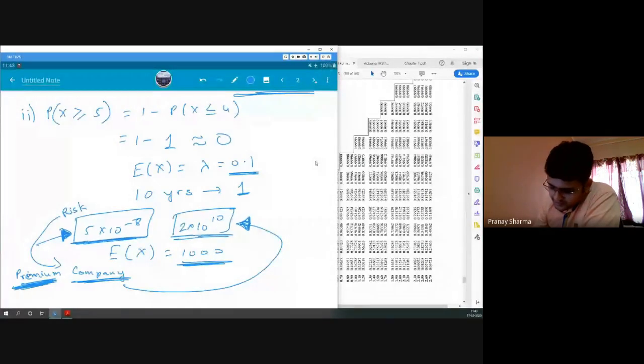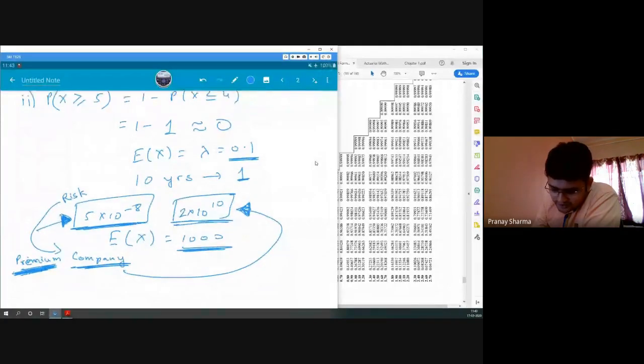And what happens is, even though the company does not know who is going to get into an accident, they know that 1000 people in a particular year in a particular city will definitely get into an accident. So they know that they will have to pay 1000 people in a year. So they will calculate the premium in that particular way.